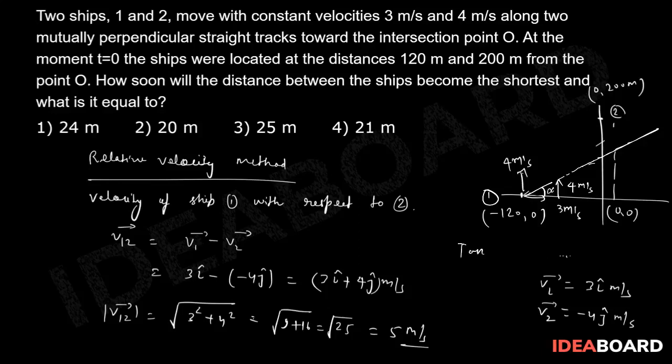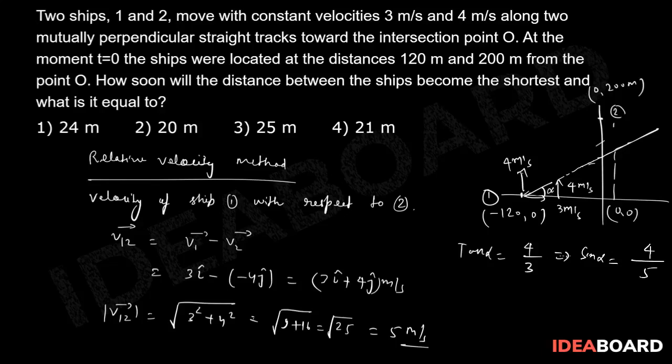Tan alpha will be equal to 4 by 3, which means sin alpha will be 4 by 5. So alpha will be 53 degree, correct? That means this angle alpha is 53 degree, thus this angle will be 37 degree.